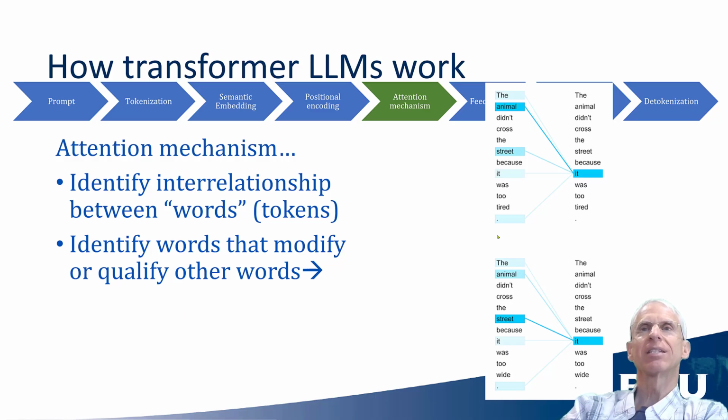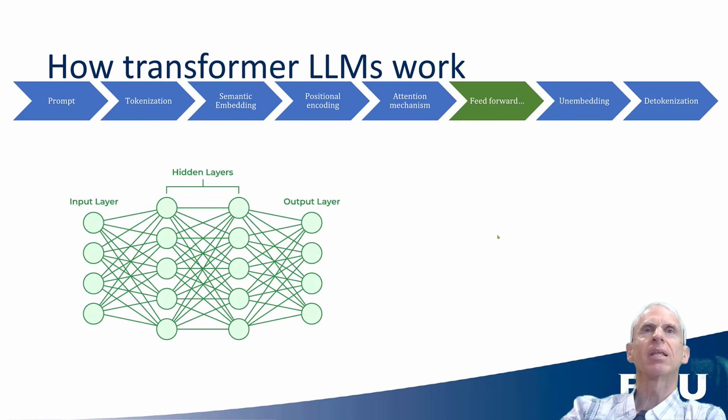The animal or the street? It's actually the animal. Streets don't get tired. The second sentence is: the animal didn't cross the street because it was too wide. Animals could be wide, but usually we're talking about streets. That's a characteristic of streets. So attention mechanisms basically help us understand what words are relevant and relate to other words.